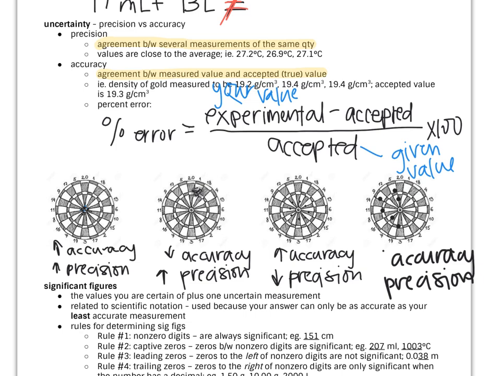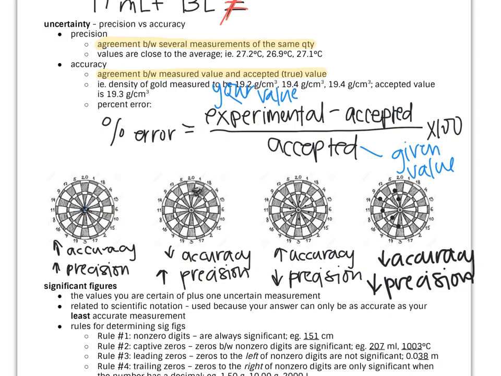So this would be low accuracy. And then are they clustered together? Not really. They're not near each other. They're not near an average. So this would also be low precision. Okay, so remember, precision is when points are all clustered together. They're around the same thing. And accuracy is how close you are to what the accepted or true value is. So your goal is to have it be accurate and precise, but it can vary from that.